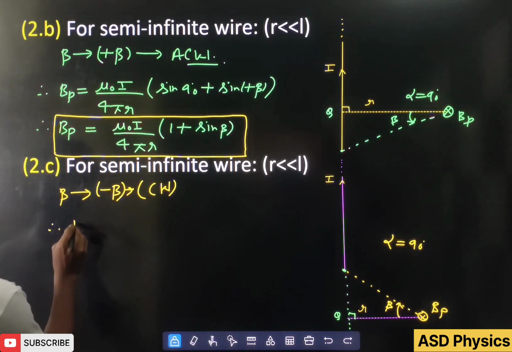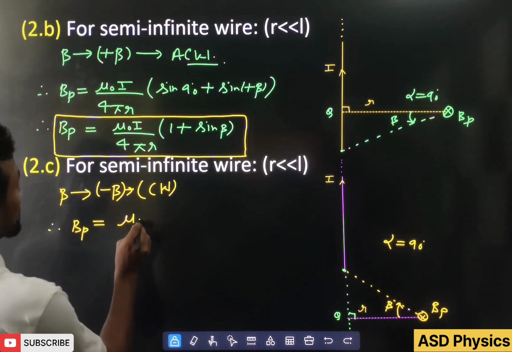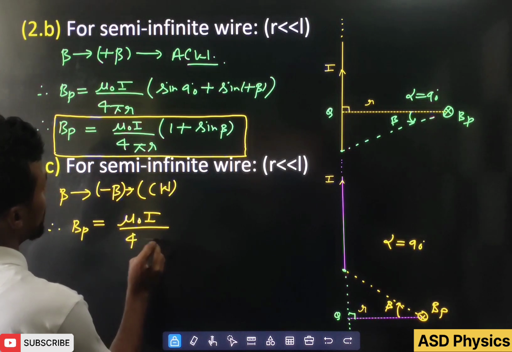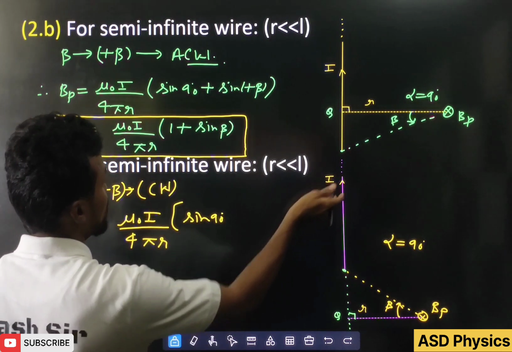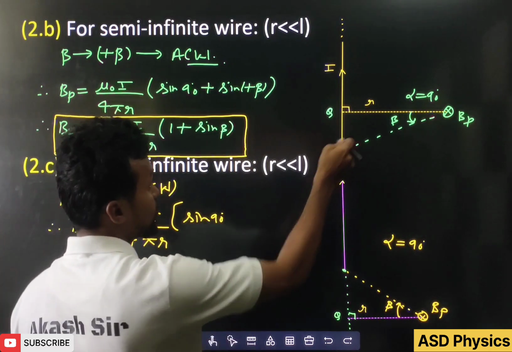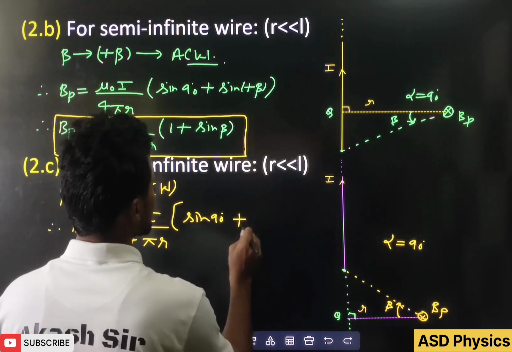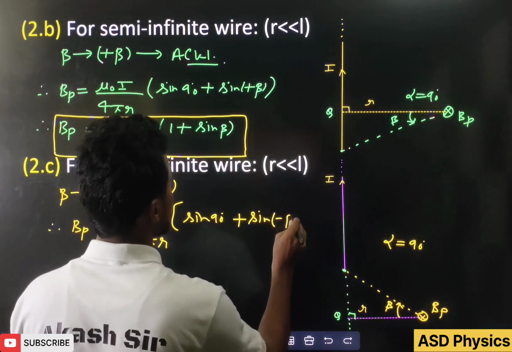So here, if I write the magnetic field, remember, mu naught I by 4 pi r. Here alpha is 90 because one end of the wire is up to infinity, you can say the dotted line, plus sine of minus beta.